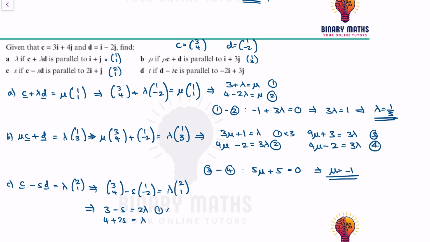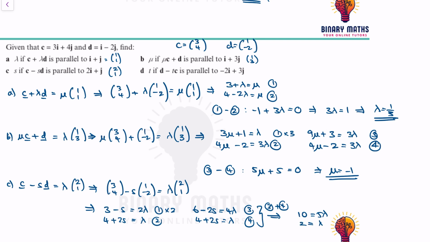If we call this equation 1, times it by 2, then we get 6 minus 2S is equal to 4 lambda, and we've got 4 plus 2S is equal to lambda. So let's call these equations 3 and 4. If we do 3 add 4, we end up getting 10 is equal to 5 lambda, which means lambda is equal to 2.